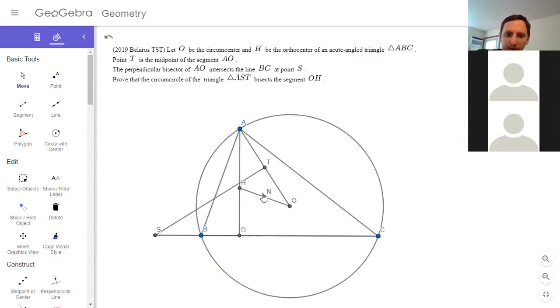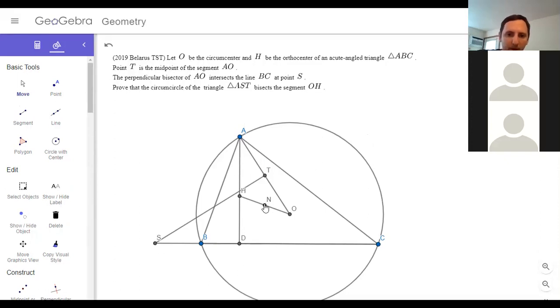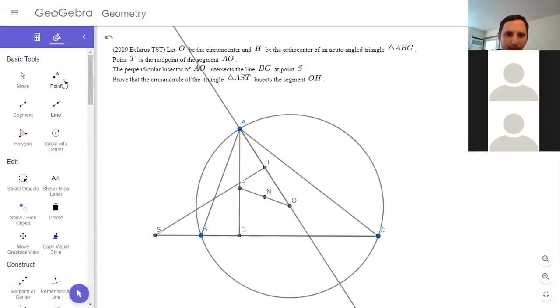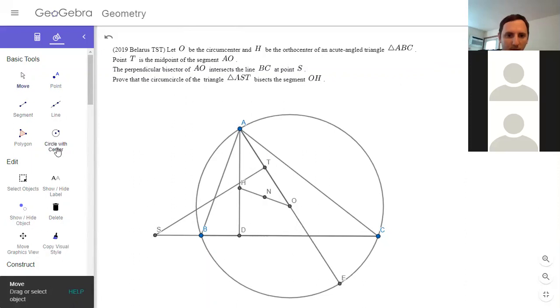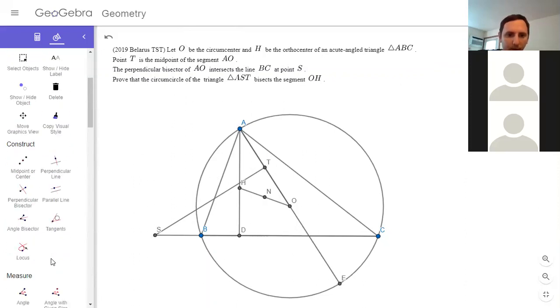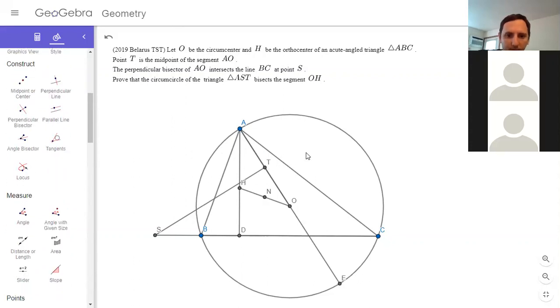So then DN would be parallel with that point. Dilate SN around A by a factor of 2. Okay, so basically we could form a parallelogram. So I'm going to reflect those 2 points. Maybe that'll make it obvious.